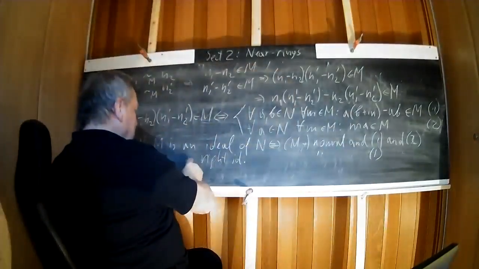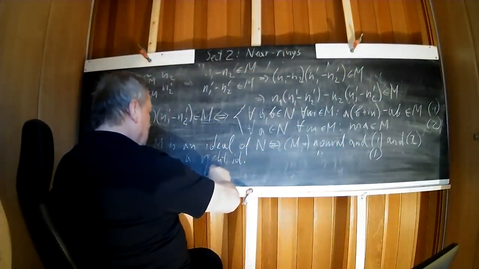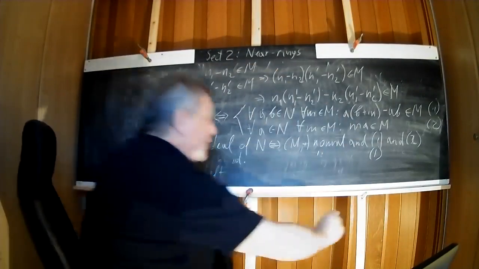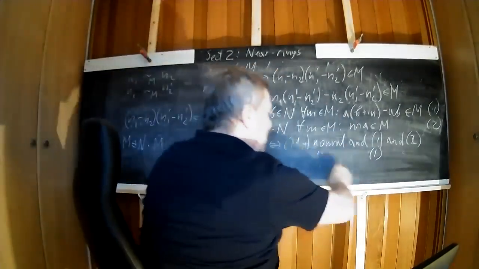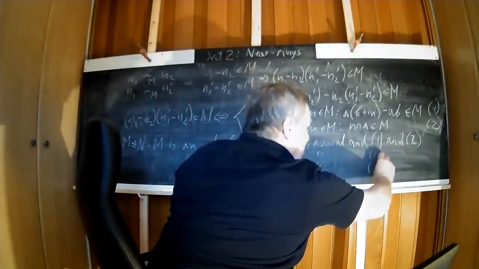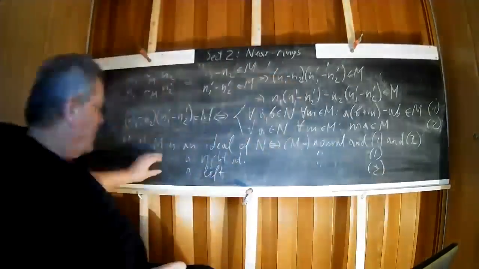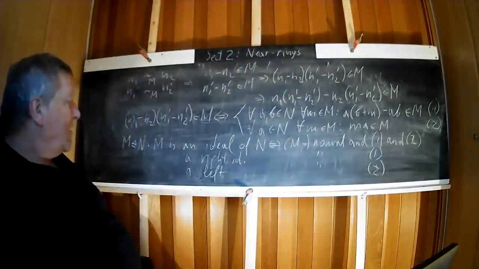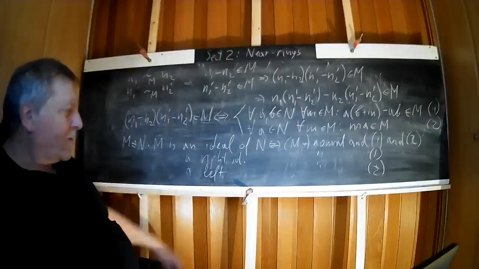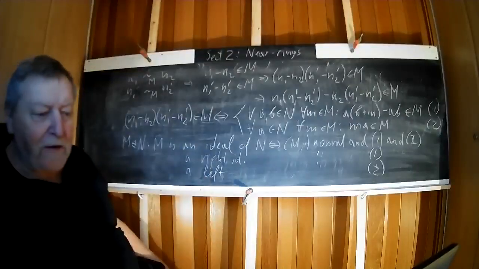It's called a left ideal if we have normal and condition 1. So these two are called one-sided ideals, and if it's a left and right ideal, it's simply called an ideal.